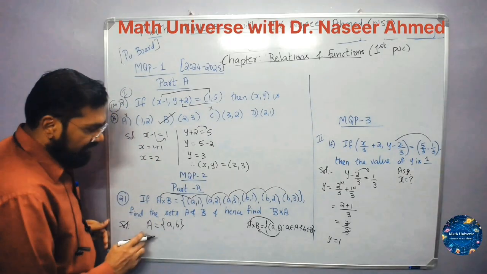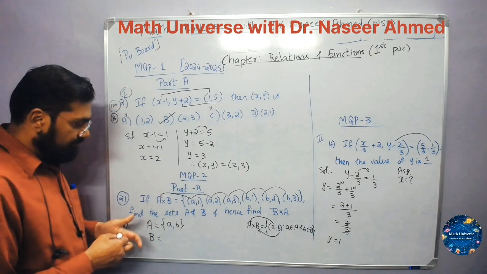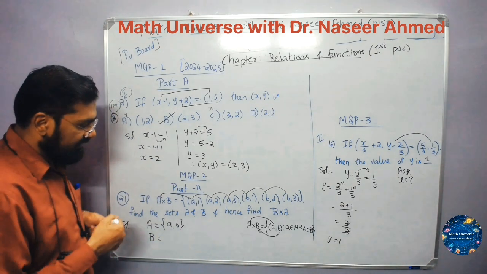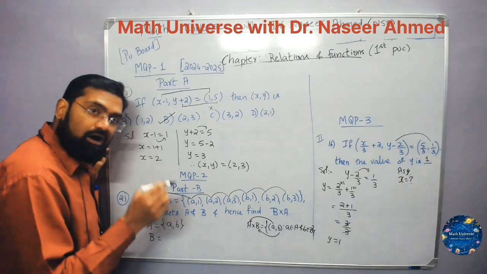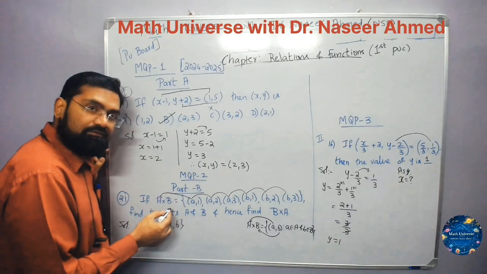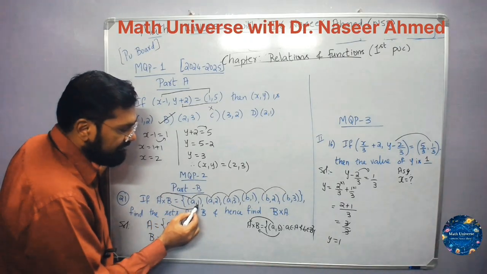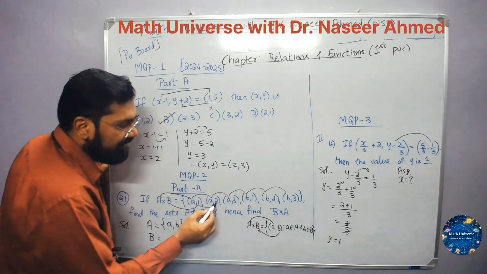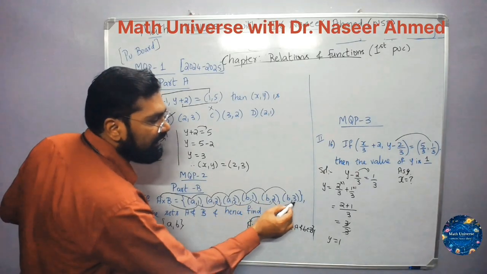Next, we have to find B. How to get B? As you can see very carefully, B is the second set, so all the second elements of the ordered pairs will be from the set B. See carefully, this is the second element of the ordered pair. Again a second element here, and here also a second element.